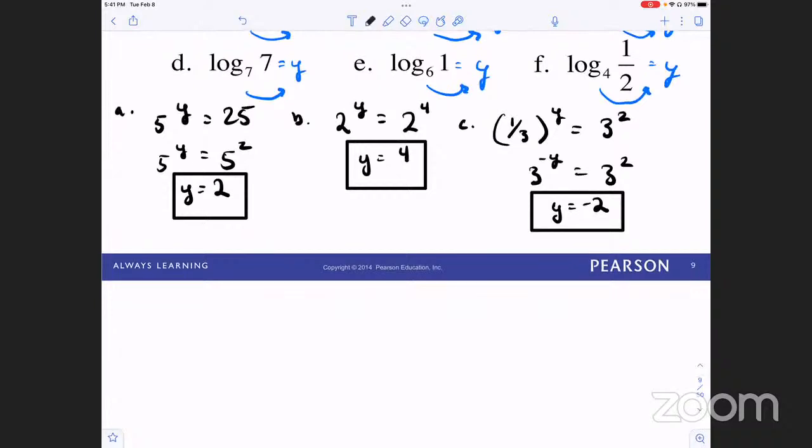C, and for part D, 7 to the power of y equals 7. There is an implied 1 here, right? Equals 1.